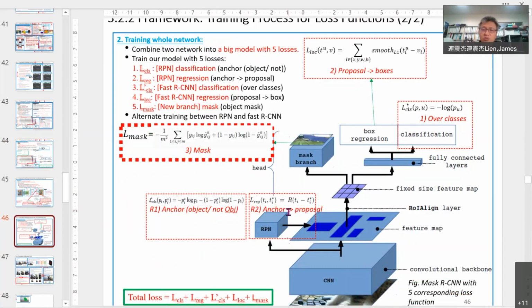So the total loss will be R1, R2 for the region proposal, and for the final output refinement, we have a bounding box, a classification, and a mask. So in total there are 5, but 2 are for the region proposal network, and these 3 are the total output.